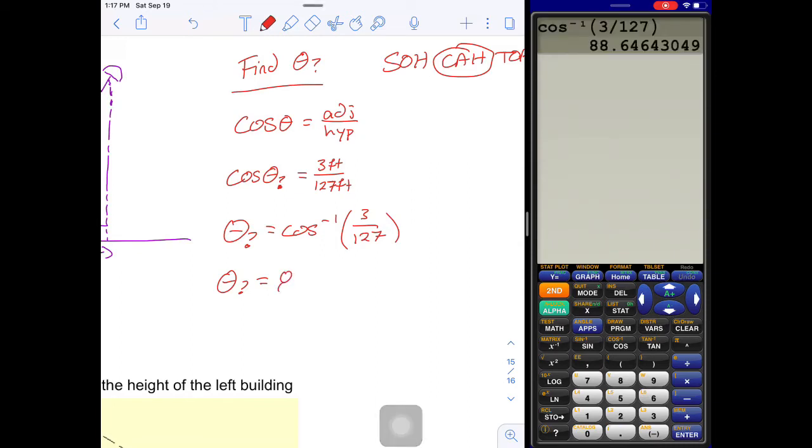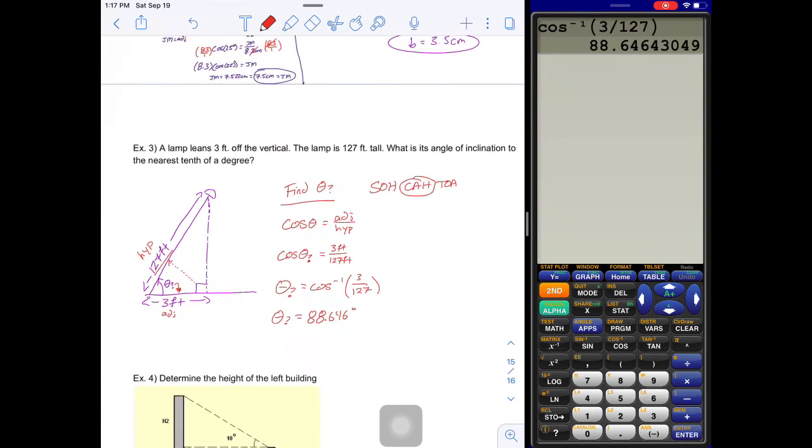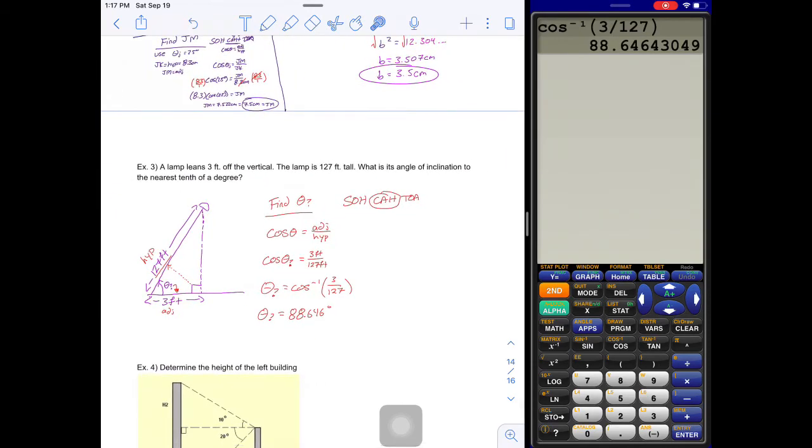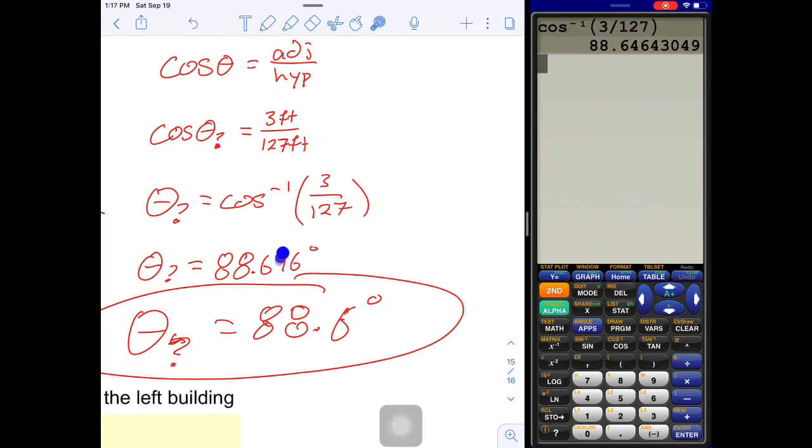And that gives me 88.646 degrees. Now, did it tell us what to round to? It says to round to the nearest tenth of a degree. So I got to round to this decimal place, the first decimal place. So my answer will be 88.6 degrees. So I'm not going to round it up because the number next to it, which is a 4, is less than 5.